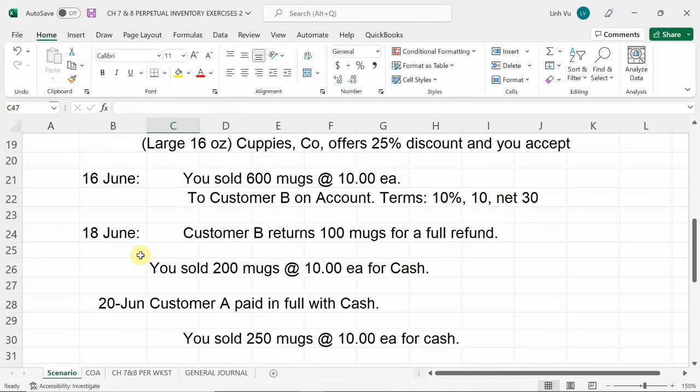So then let's see what happened on June 18. Customer B returns 100 mugs for a full refund. Customer B decides to return 100 mugs for a full refund. Okay? For a full refund.